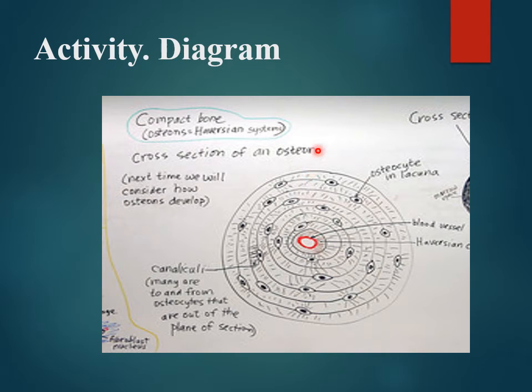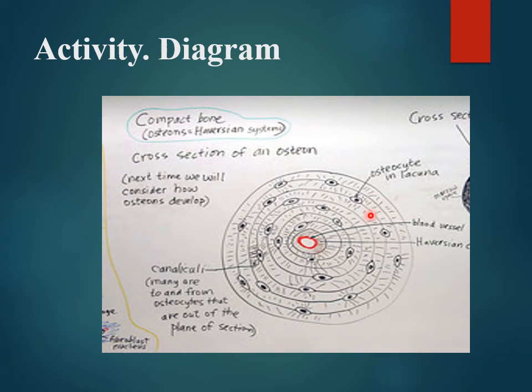So you label here: you indicate the line here and another line inner, and you label the lamellae. So the circular lines are called lamellae, and within the lamellae are spaces. We say the spaces within the lamellae are called lacunae.